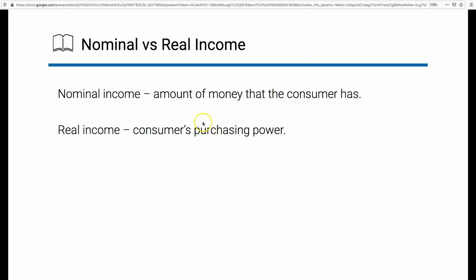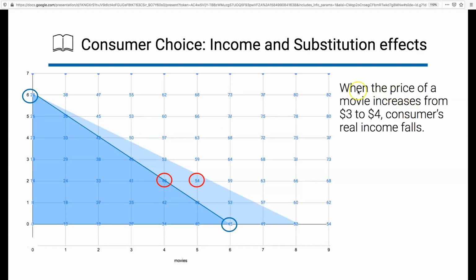But there could be situations in which your real income will be affected, but your nominal income will stay the same. And a situation like that occurs, for example, when the price of a good changes. Let me show you the example that I'm talking about.